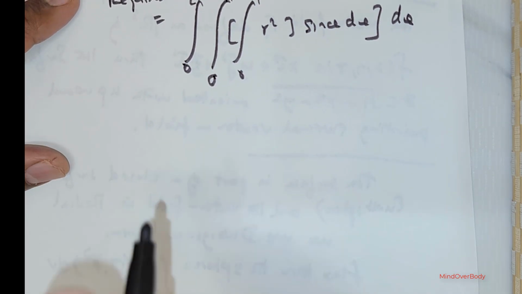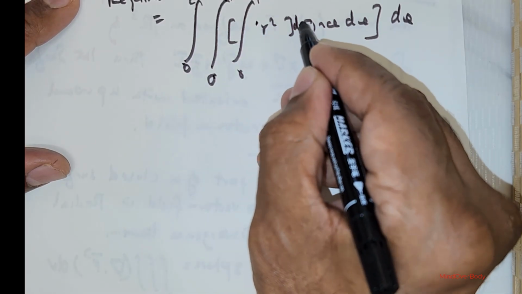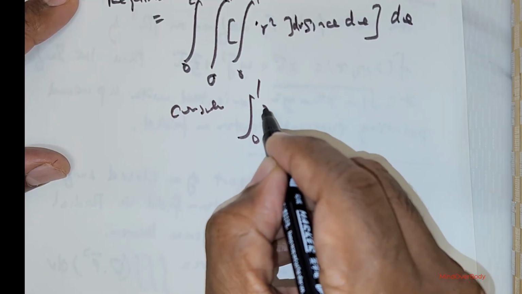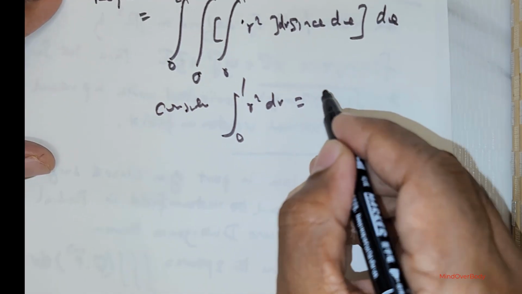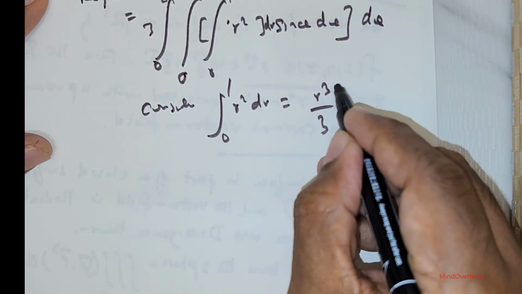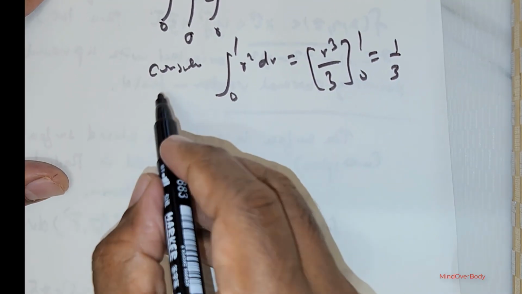So what we will do is we will first consider the integral from 0 to 1 of r squared dr. This is r cubed over 3, limit 0 to 1, which is going to give you 1 over 3.